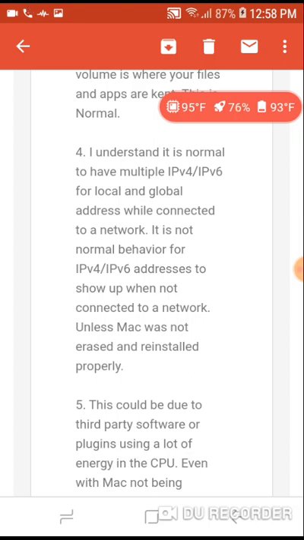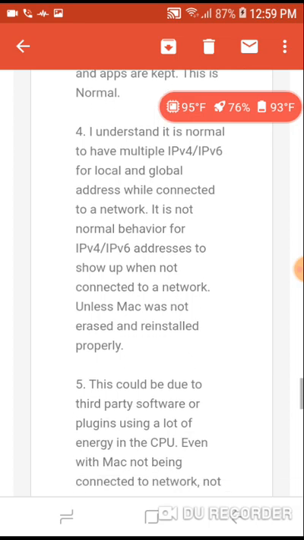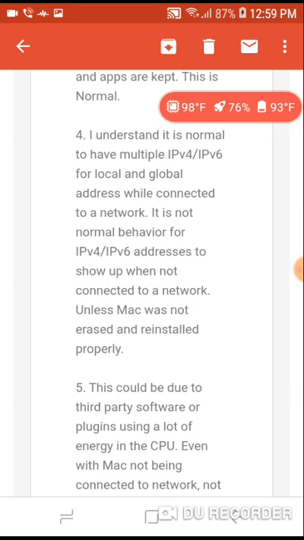So if IPv4 and IPv6 should not show those addresses, got that one. How about the 35 active internet connections? I guess it should not have shown that either, and data should not have been moving in and out. But I wanted him to tell me that specifically, in the event it happens again.